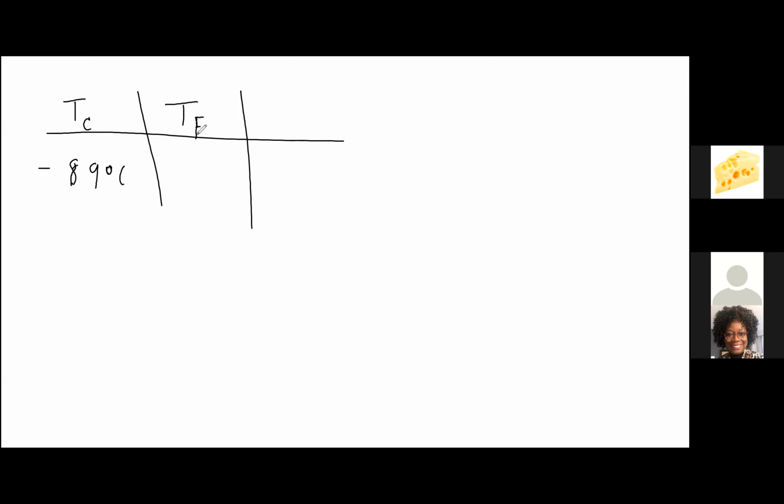Okay, so we know that temperature Fahrenheit is going to be 9/5 temperature Celsius, which is -89. Okay, just putting in a number like that. Then plus what? 32. So first we have to find this number, which is going to be negative, and then add this number.